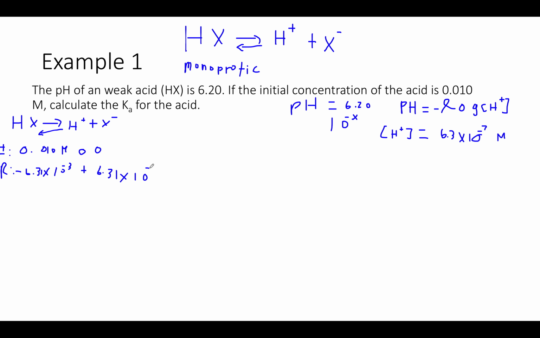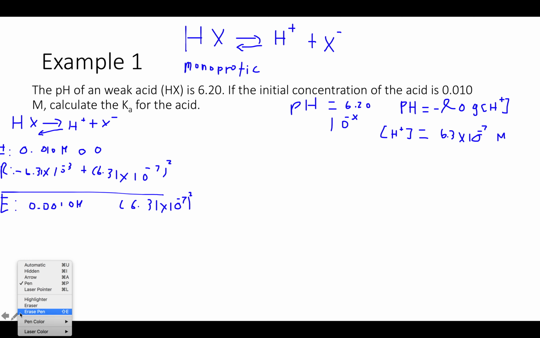And I'm going to gain it twice for the hydrogen and the X anion. So rather than writing that twice, I'm just going to write this product squared. So at equilibrium, and that's what we care about really, how much reactant do I have? Well, I have 0.001 molar left of undissociated acid, and I have 6.31 times 10 to the negative 7th squared of hydrogen ion and X anion.